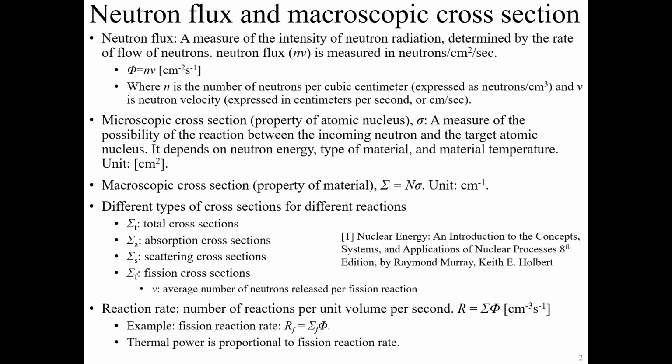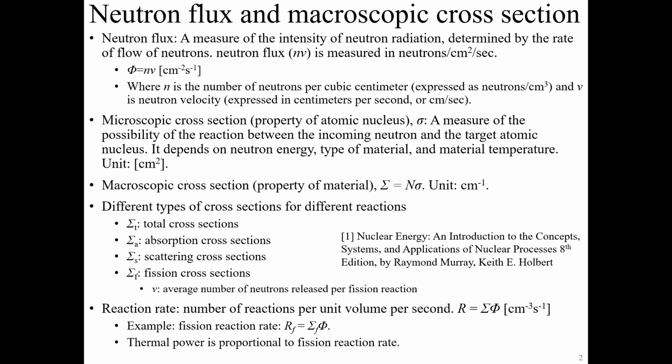The neutron flux is the unknown we are trying to solve, just like the temperature we were solving when dealing with the heat transfer equation. So after solving the neutron diffusion equation, we will get the neutron flux distribution on the 2D domain.